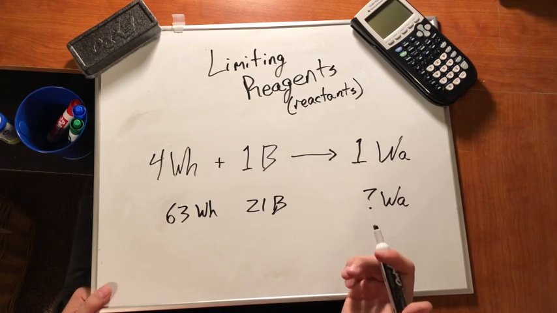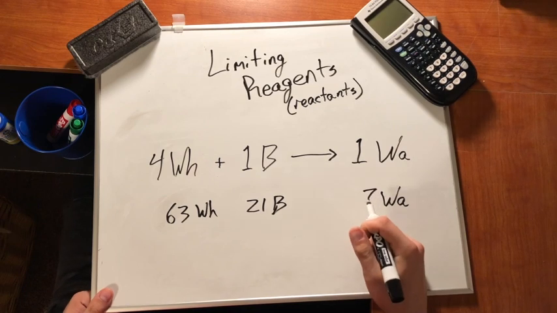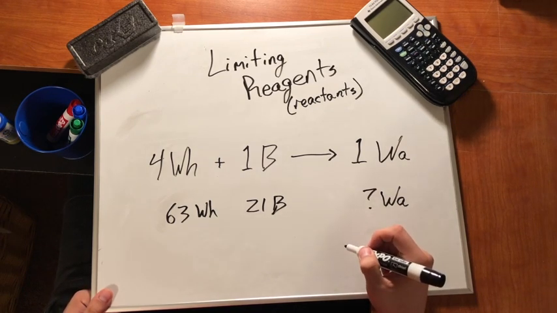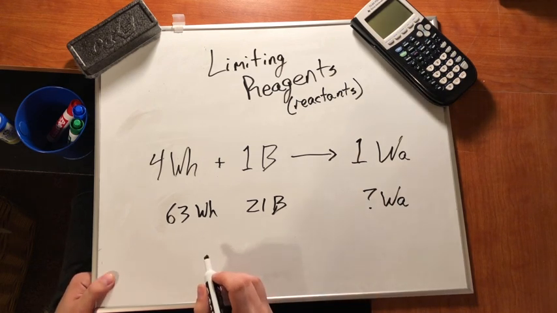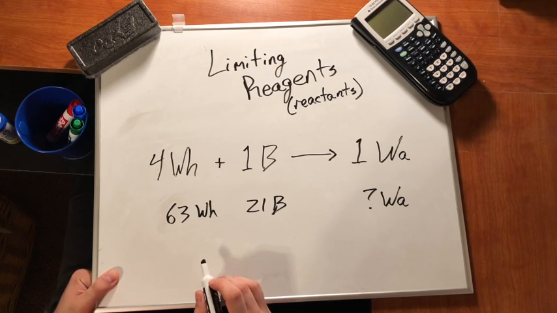And so what we're actually going to do is we're going to use something we learned in lesson 2, which is the idea of using a conversion factor. Okay, and so really what we're going to do in this example is we need to figure out the ratio of wheels to bodies that we have.